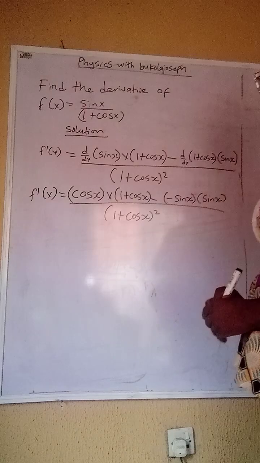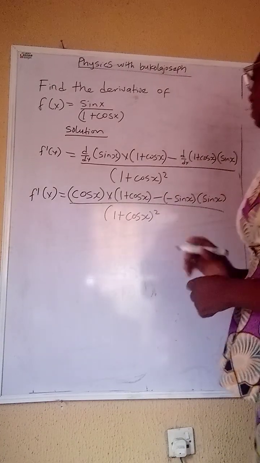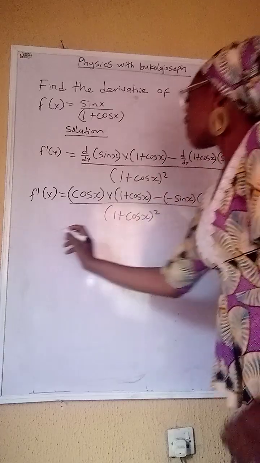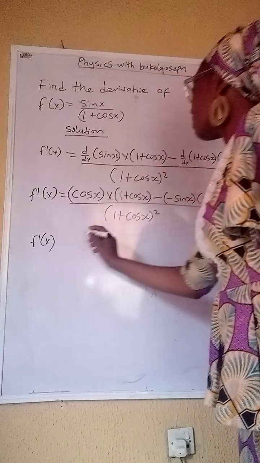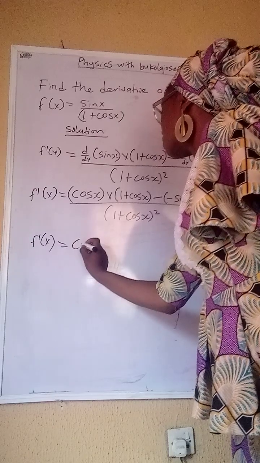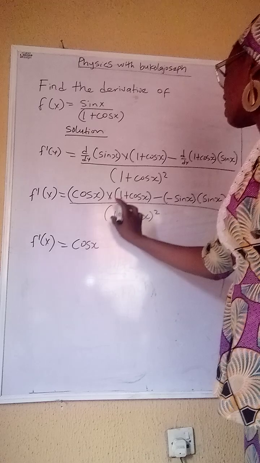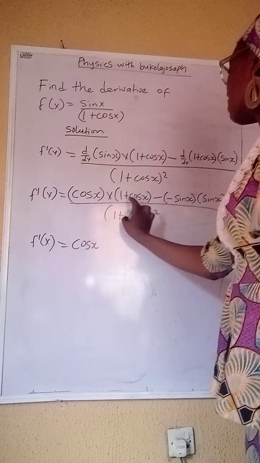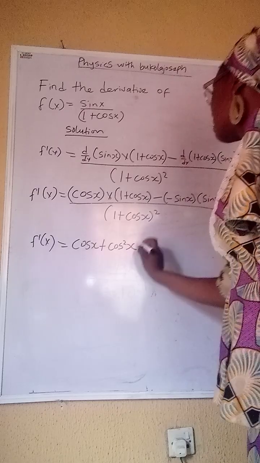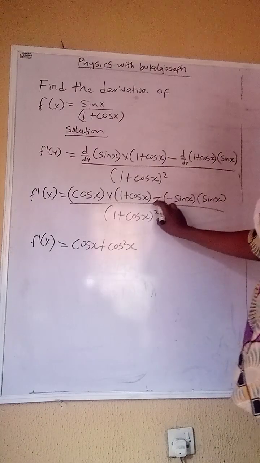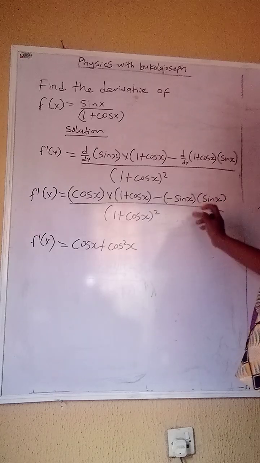Okay, so this is a minus. We can now open the bracket. So if we open the bracket, this times this will give us cos x, right? This times this will give us plus cos squared x, right? Then we have minus here, right? Let's deal with what is in the bracket first.